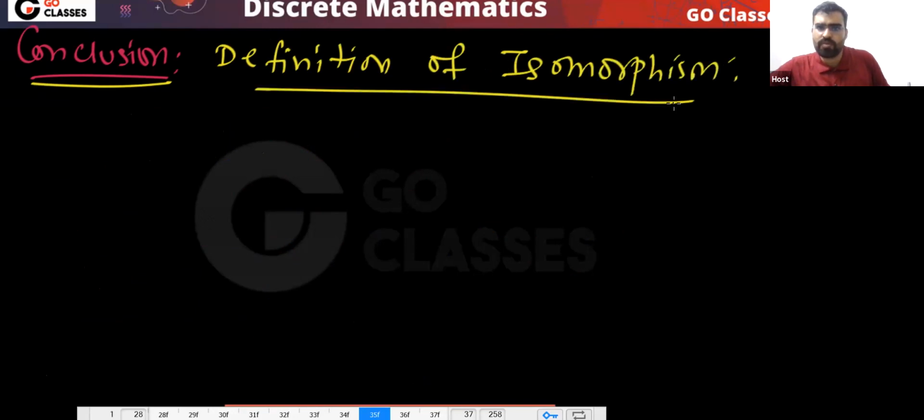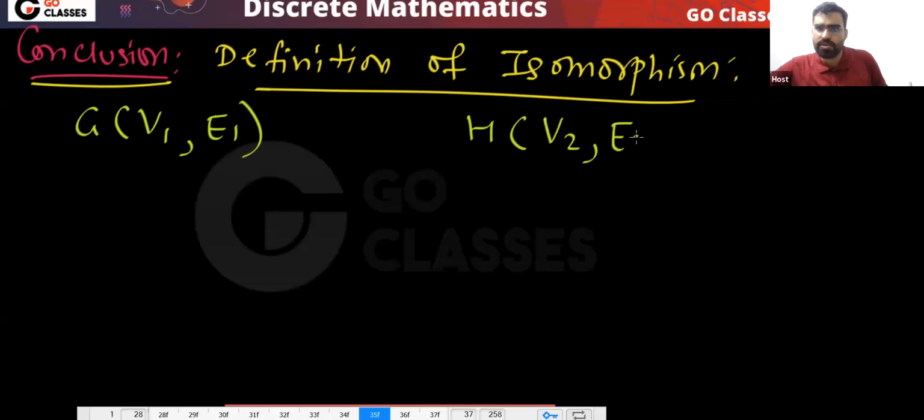What is the definition of isomorphism? Very simple. You have a graph G in which you have V1 comma E1, and you have a graph H with V2 comma E2.